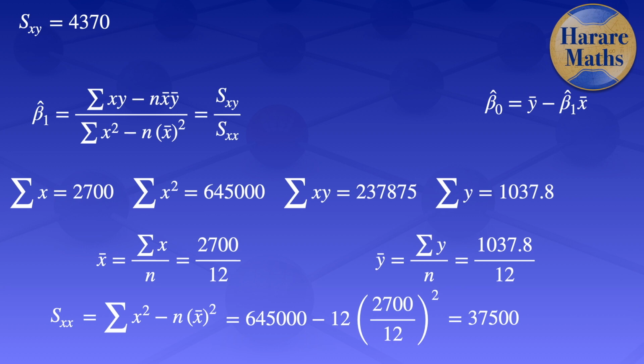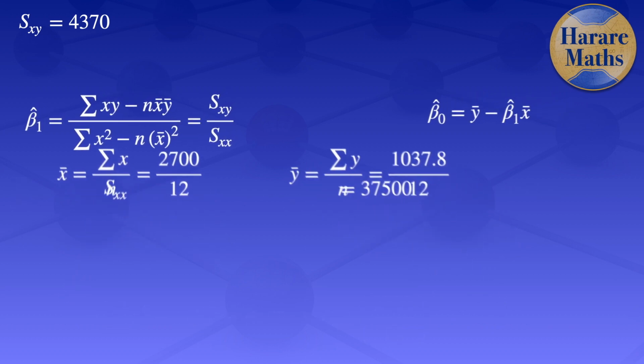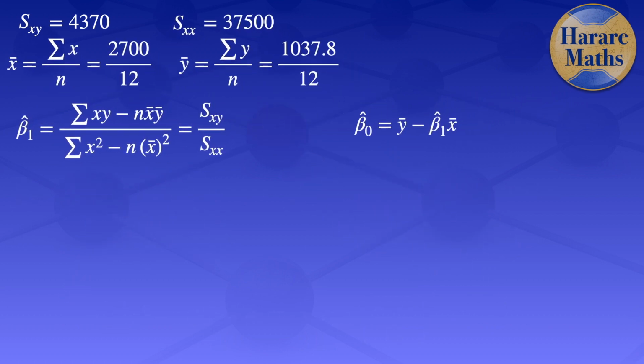I'll write my sxx on top there, because I will need to use it later. So we have our sxy, 4,370, and our sxx, 37,500.